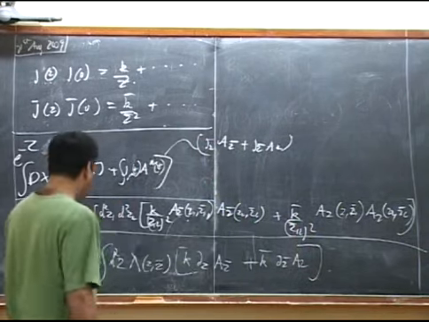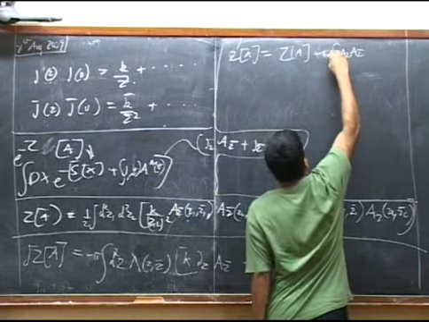That z prime of A is z of A plus alpha times the integral of A z bar A, with some unknown alpha.